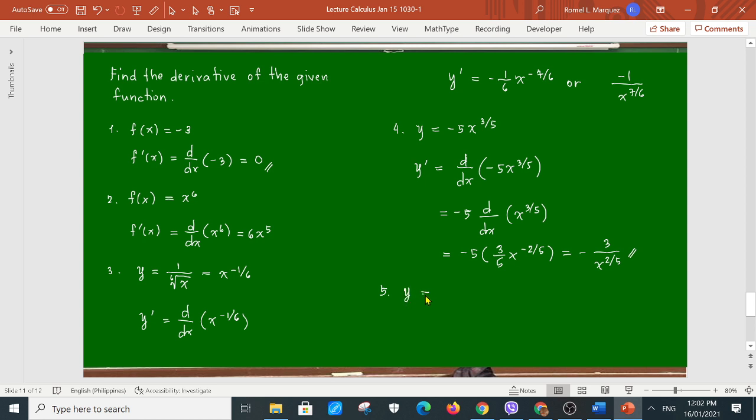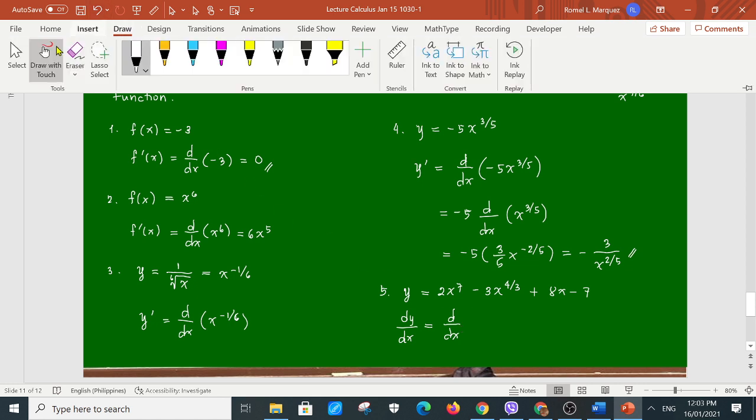Y is equal to 2x to the 7 minus 3x to the 4 thirds, plus 8x minus 7. What is the derivative of y? I'm using different notations for derivative so you become familiar with them. The right side is a sum and difference combination.